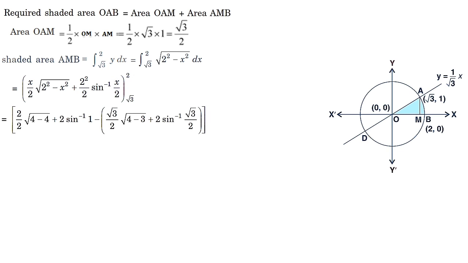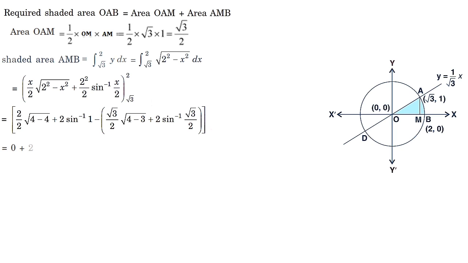Apply the limits here. When we apply the upper limit, 2, we get 2 by 2 into root of 4 minus 4, plus 2 square by 2 is 2, 4 by 2 is 2, sine inverse 2 by 2, sine inverse 1, is pi by 2. Minus the lower limit: root 3 by 2 into root of 4 minus 3, plus 2 into sine inverse root 3 by 2.